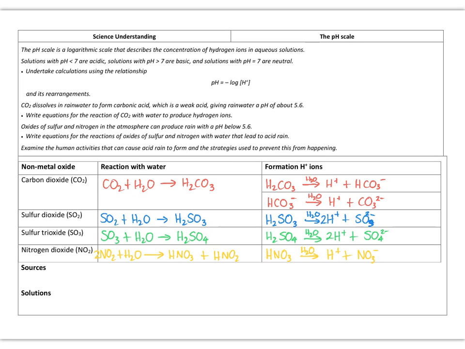So I mentioned some of these before. What are some of the sources? The sources of CO2 emissions are obviously burning fossil fuels. Sources of nitric oxides can also be from car engines.